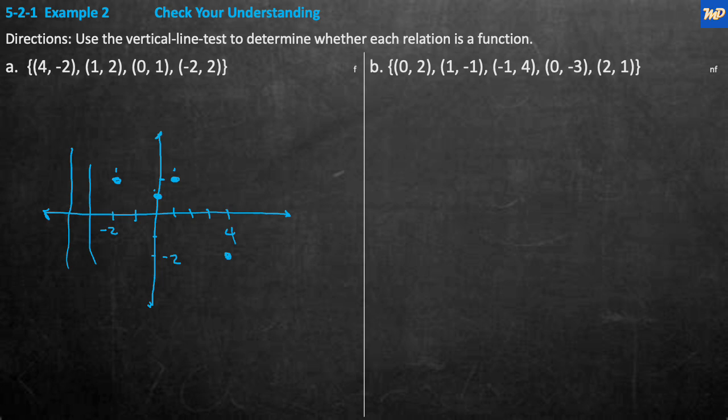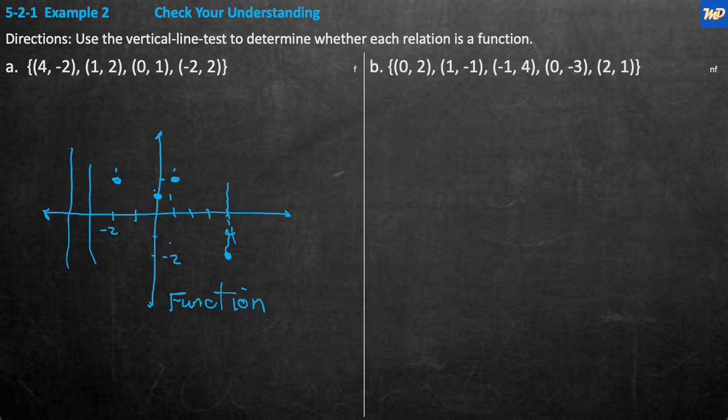This is on the y-axis, and there's only one point on the y-axis, so that's only one point crossed by a straight line. Here's this one here where x is 1, y is 2. There's only one dot in this section right through here, right? There's only one dot. And then way up here, there's the 4, -2. Then there's still only one dot, right? So this is a function.